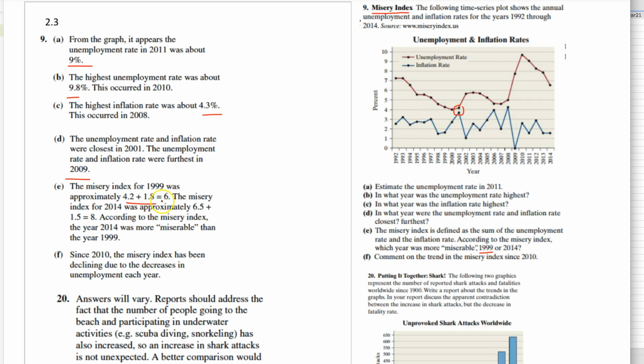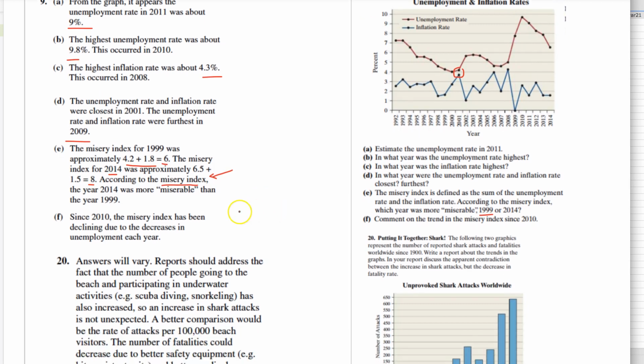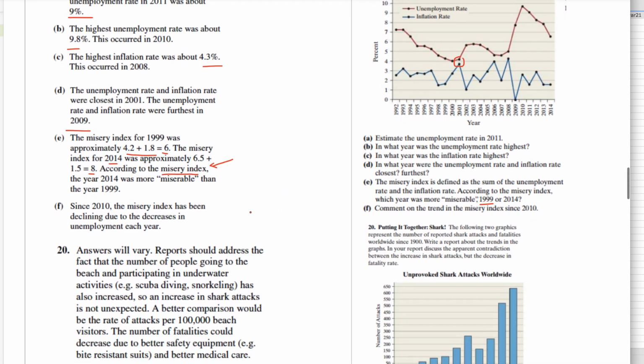It gives you a misery index of 6. In 2014, you add up those and you get an 8. So according to this measure, someone created just to measure how miserable people are in the country, the way we do that is by adding inflation and unemployment rate. So it looks like in 2014, they're more miserable.